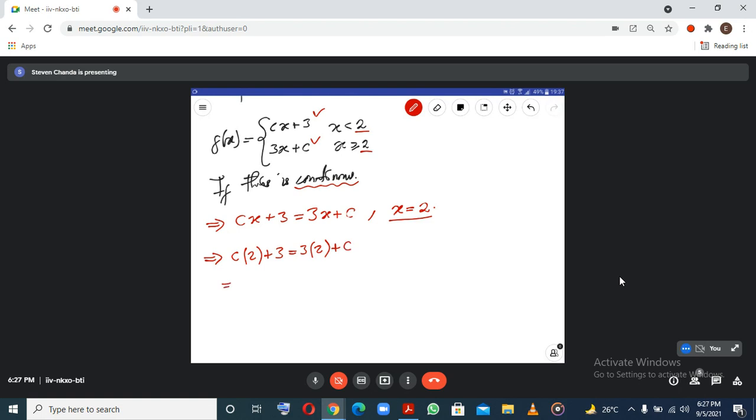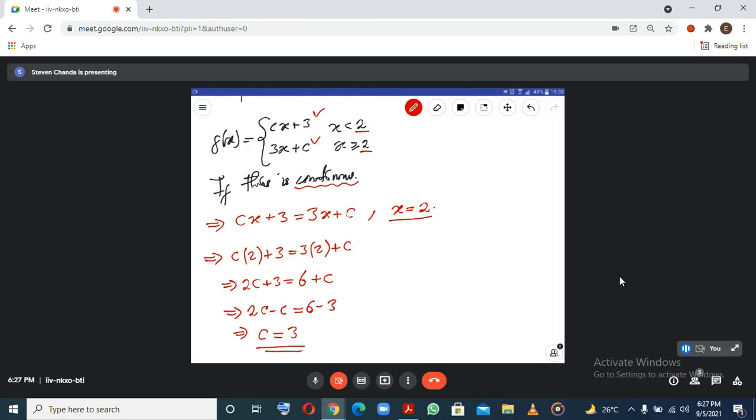So we have 2c plus 3, 3c, and, oh sorry, pardon me, this should be 6, then c, isn't it? So then we are going to say 2c minus c, then 6 minus 3, then we are going to have c minus 3, isn't it?